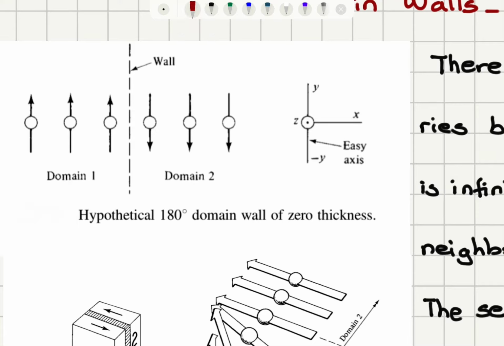So let's recall here that this is causing anisotropy. So we can say that the anisotropy energy is happy. However, exchange is unhappy. So this is good for anisotropy.